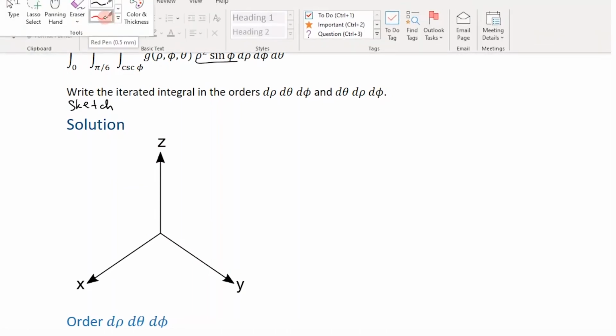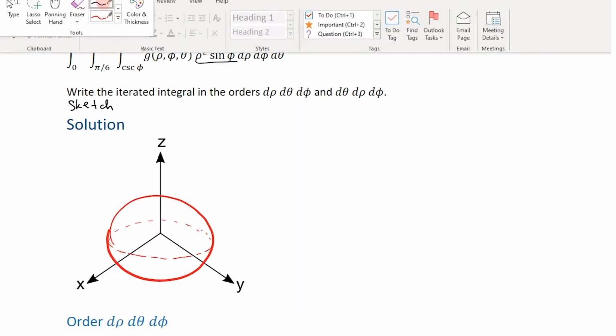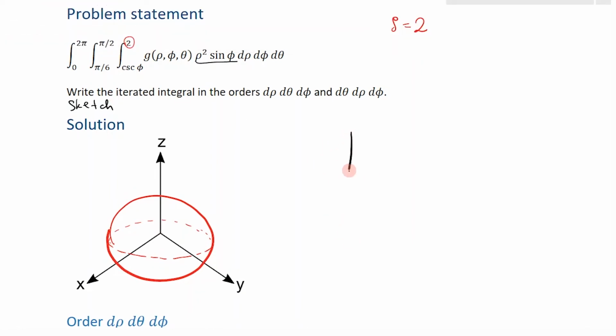I'm going to start with the inner surfaces. Let's start with this one. Rho equals 2. This is a sphere of radius 2. I'm going to draw that. This is a sphere. I'm going to actually in parallel draw a ZY trace of this whole situation.